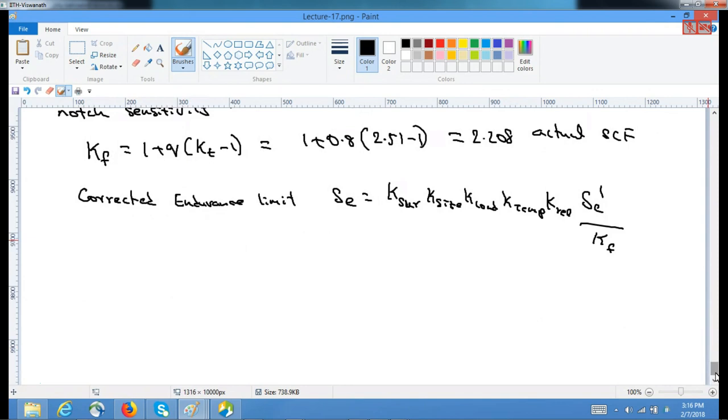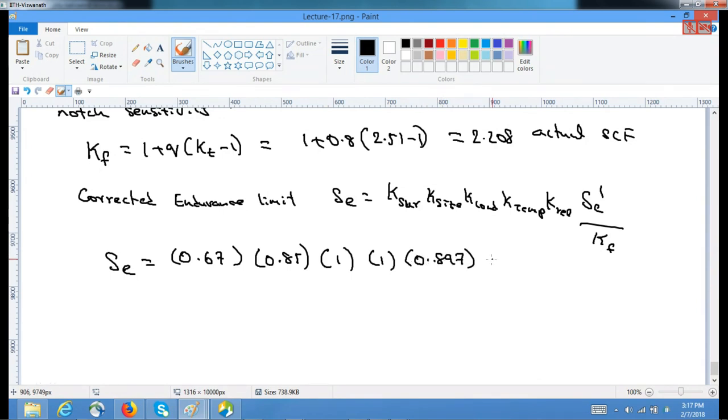So we can write our SE is equal to 0.67 is the surface factor, size is 0.85, load is 1, temperature is 1, reliability is 0.897, into 220 divided by 2.208.